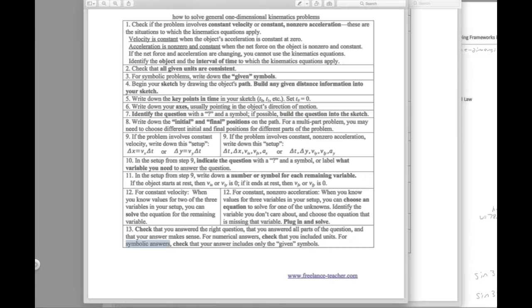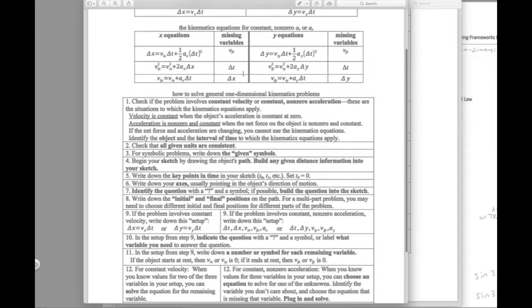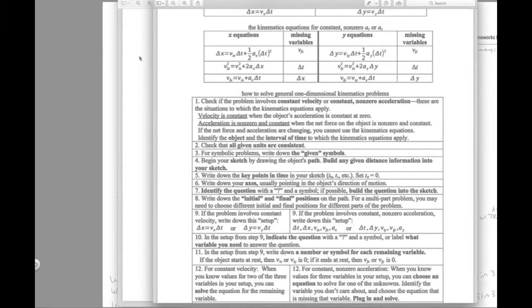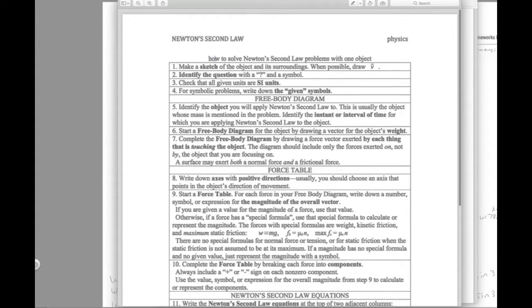But as we ramp up that difficulty level, I hope you can see that we're not winging it. We're going to continue to use the same overall process. We really are using the same kinematics process on each problem, and the same Newton's second law process on each problem, even as the difficulty of the problems ramps up. We're not winging it.